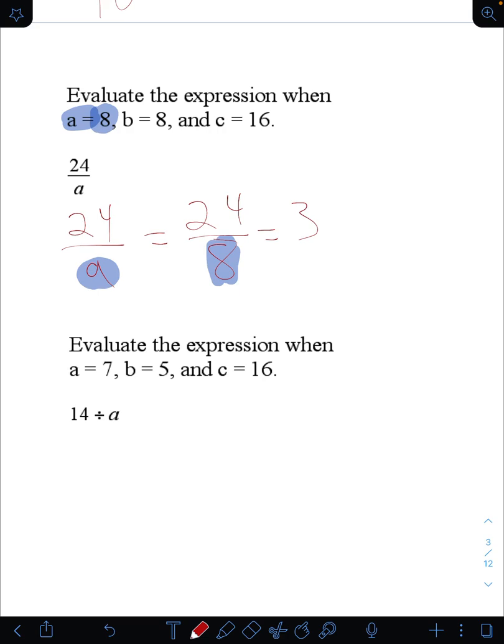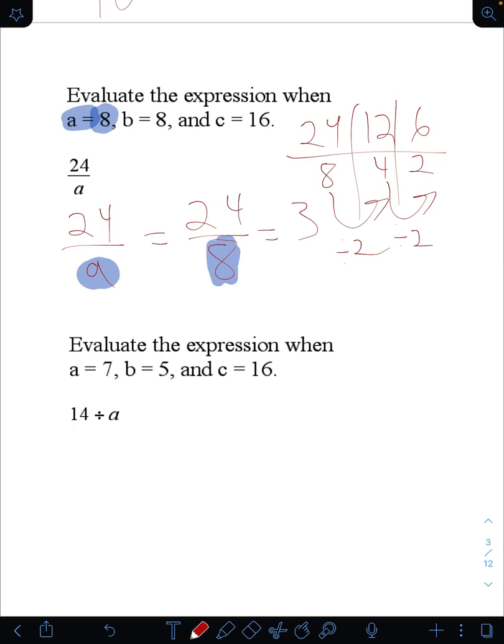If you think about it as a fraction problem, you can be like, okay, I have 24, 8. Ooh, I could cut it in half and get 12 and 4. Oh, it's still even. Cut it in half again. 6 and 2. Cut it in half again. Look at all these even numbers. I get 3 and 1. And 3 over 1 is just a 3. However you want to think about it, you'll get the right answer.